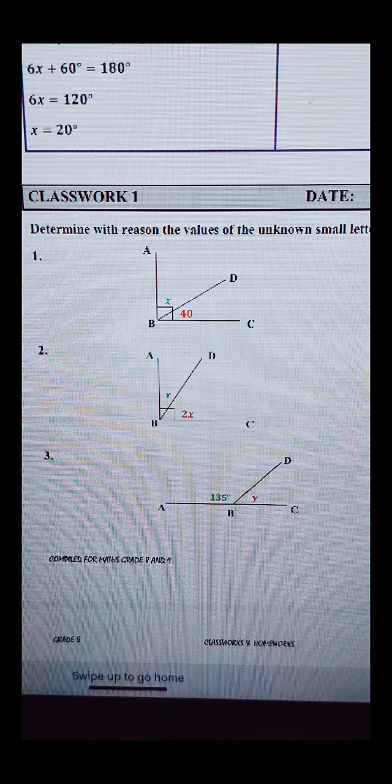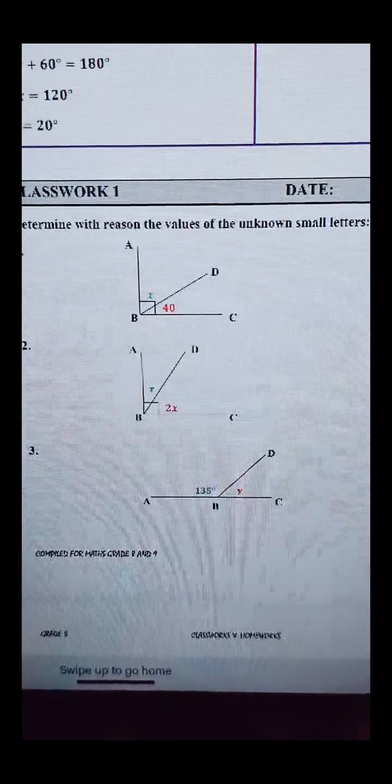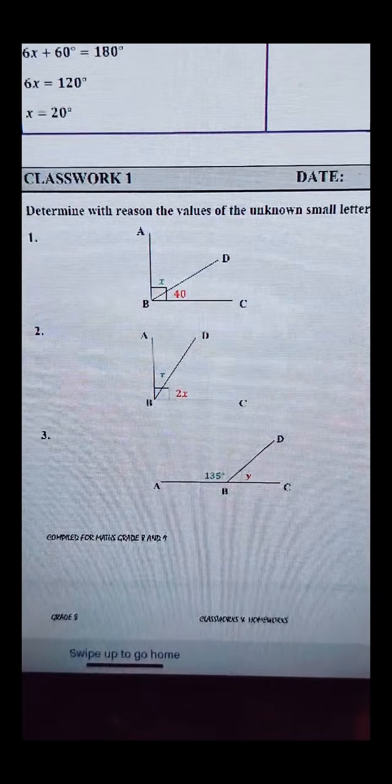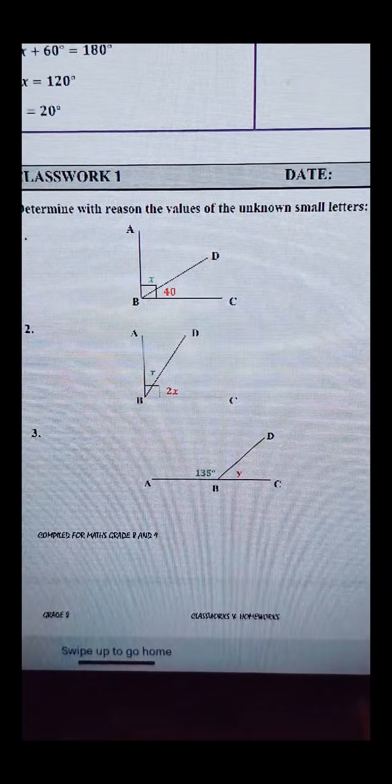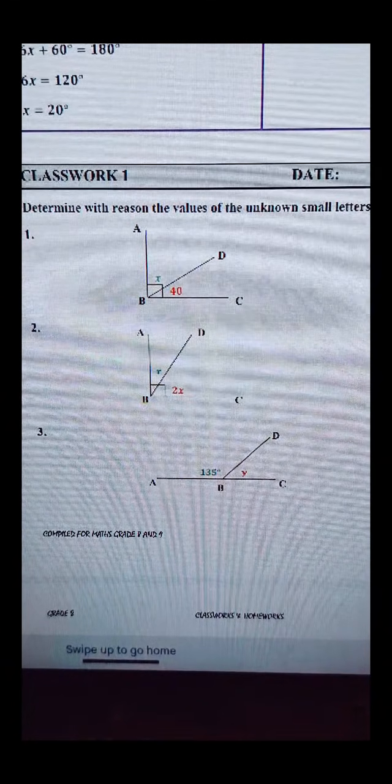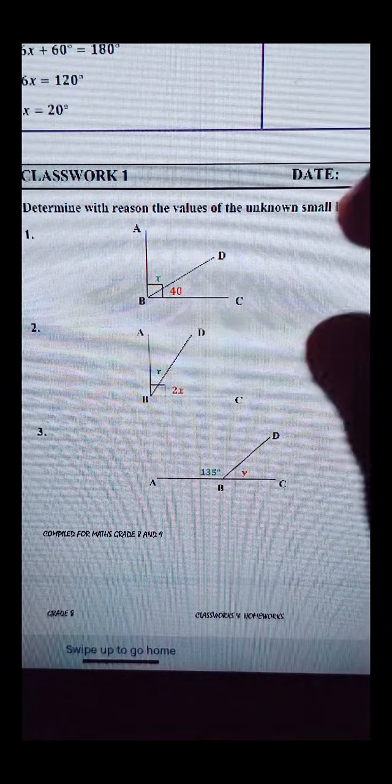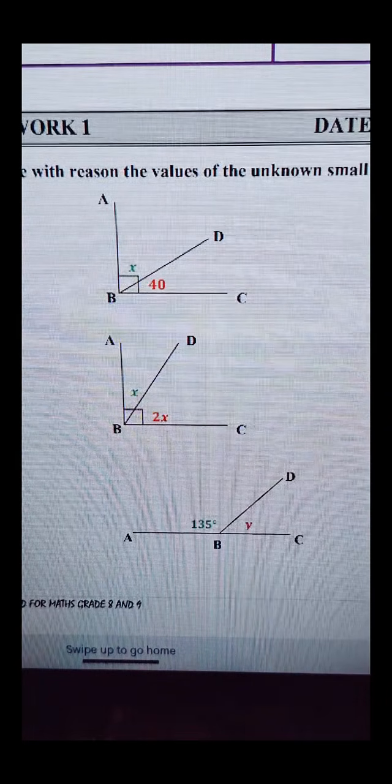We looked at straight lines, angles on a straight line, complementary angles, supplementary angles, and the different types of angles we can expect from a diagram. So now we are going to look at problems associated with what we learned last time. Let's dive in.